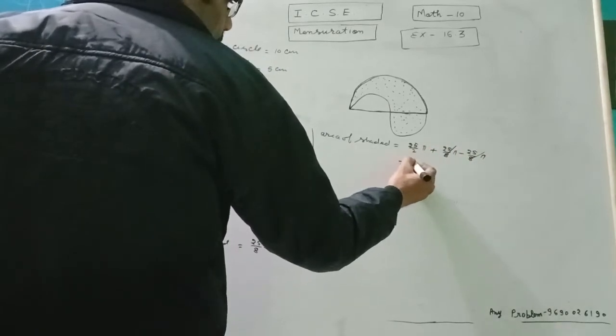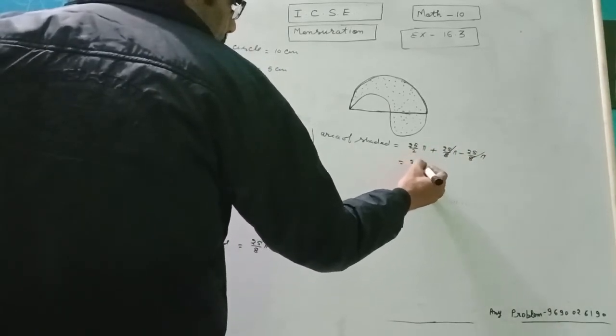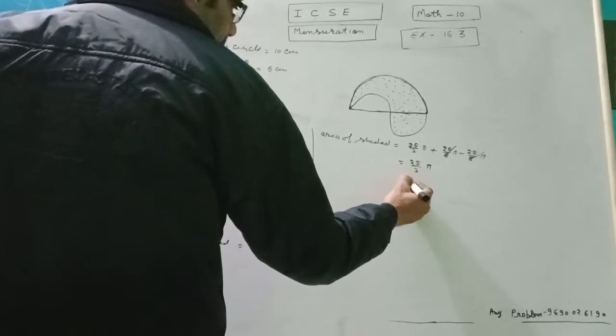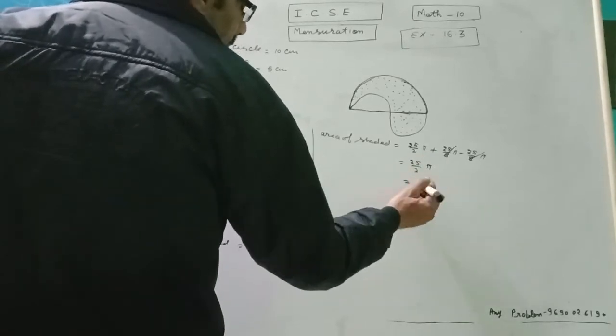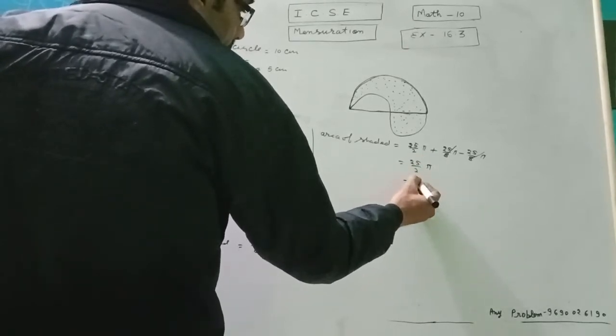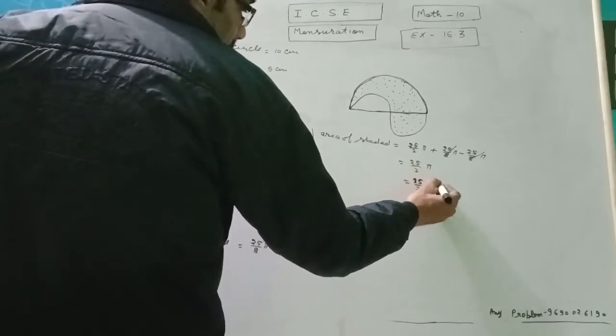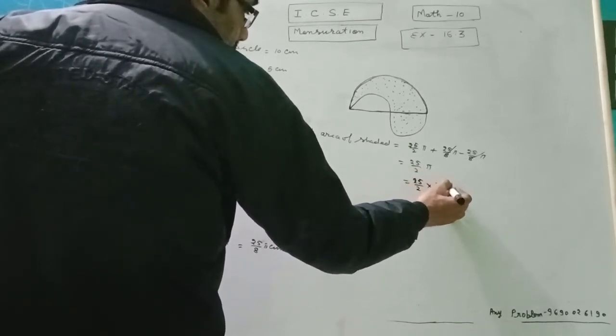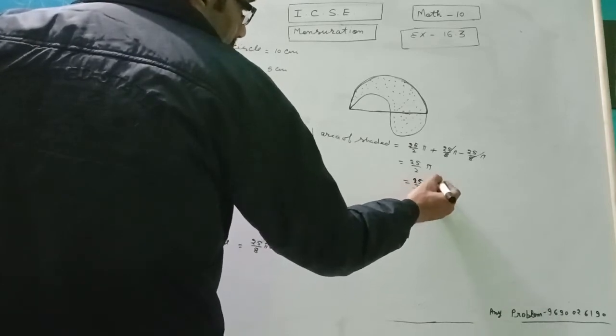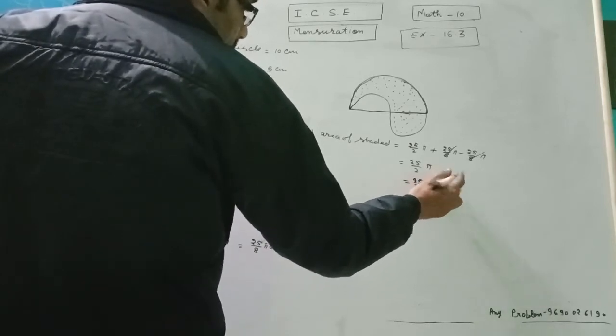After cutting, 25/2 pi, putting the value of pi, 22/2 pi value is 3.14, divided by 2, 1.57.